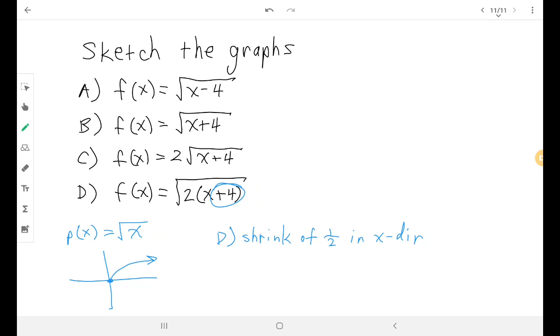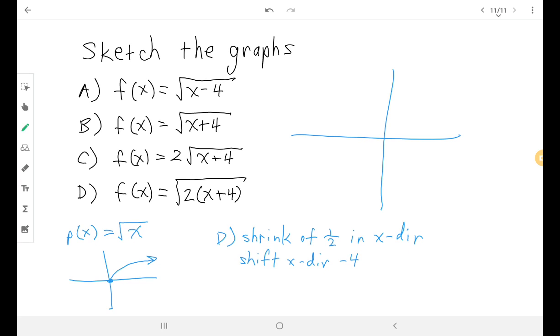Notice we also have a shift, and that shift is still in the x direction, opposite of what I see. So I see +4, so it'd be -4.